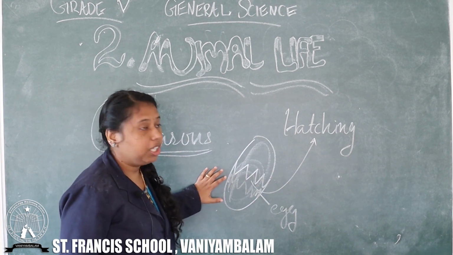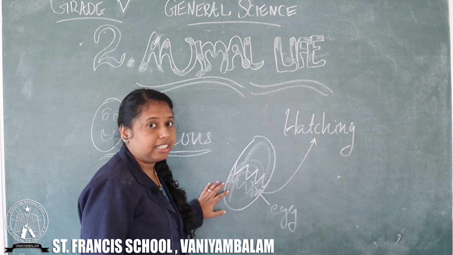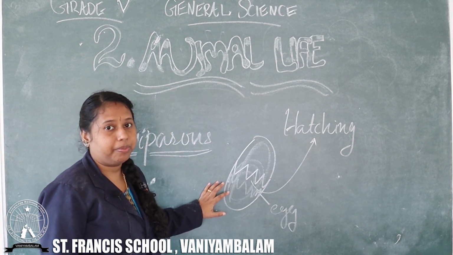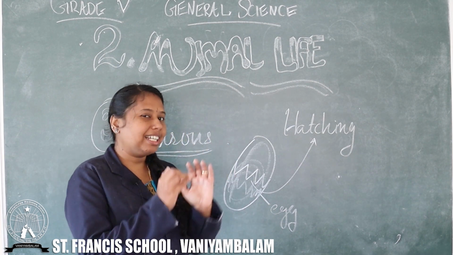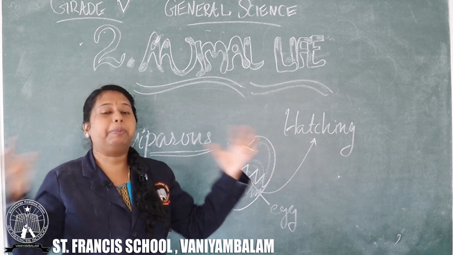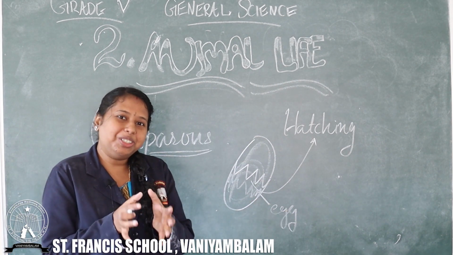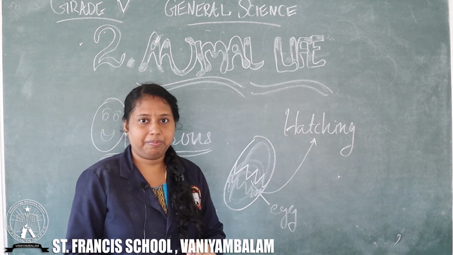So, the breaking of the egg is known as hatching. After the complete development of the small babies inside the egg, the cover will break and the cute babies will come out. That process is known as hatching.